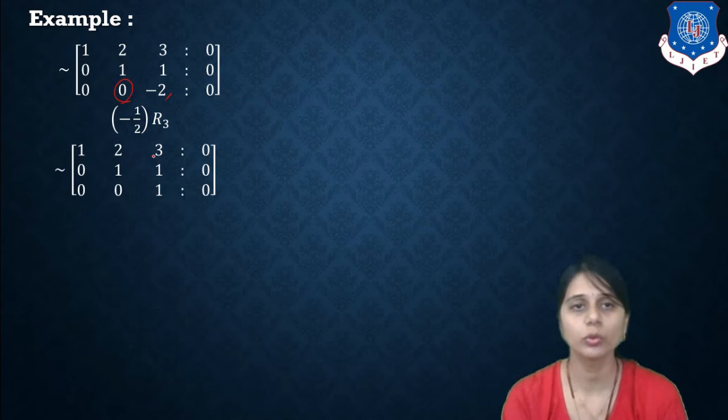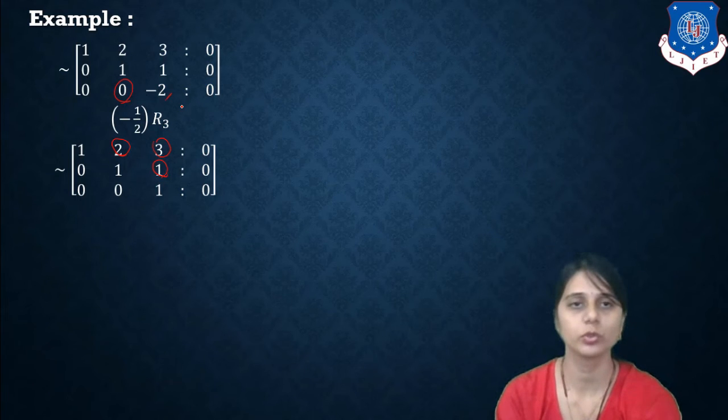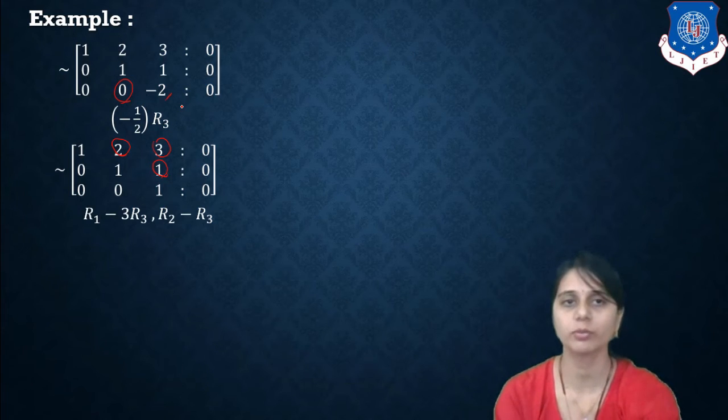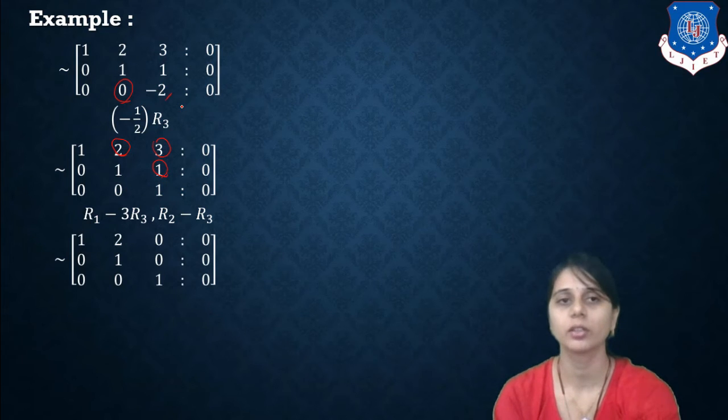Now we have to convert these two entries and this entry into 0. So we use the row operations R1 minus 3R3 and R2 minus R3. So we get 1, 2, 0, 0; 0, 1, 0, 0; 0, 0, 1, 0.